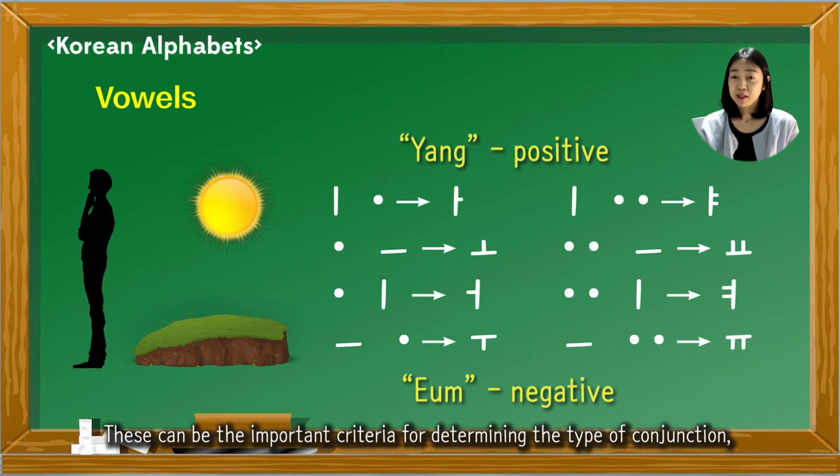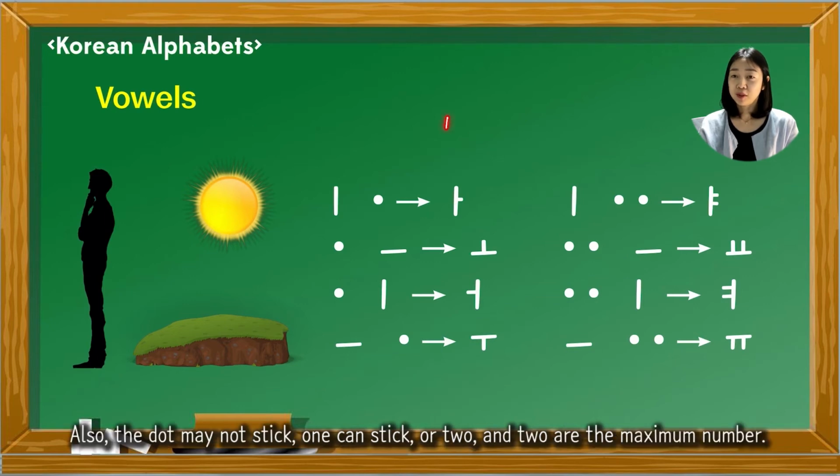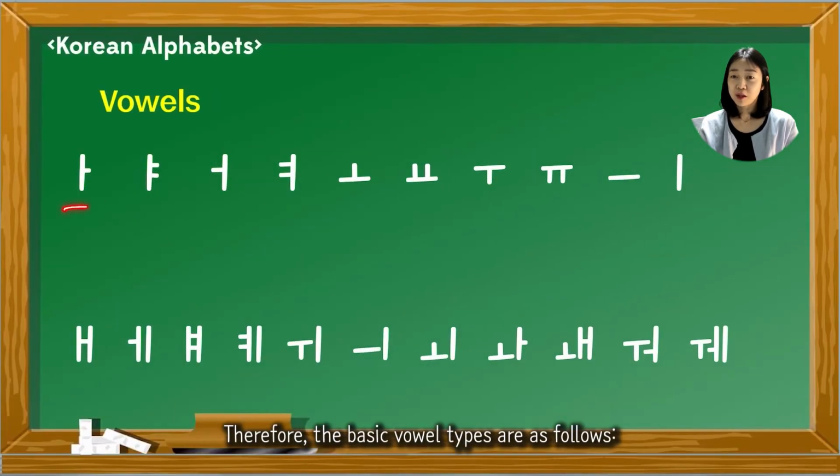These can be the important criteria for determining the type of conjugation, even when words and words are combined. Also, the dot may not stick. One can stick, or two, and two are the maximum number. Therefore, the basic vowel types are as follows.